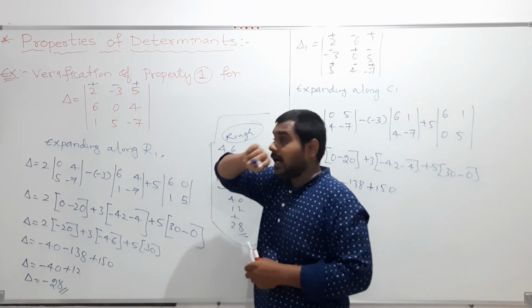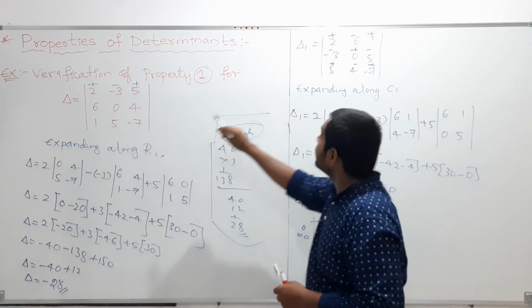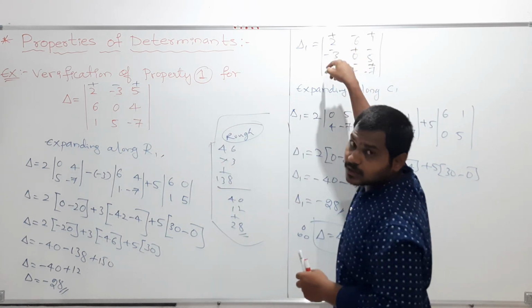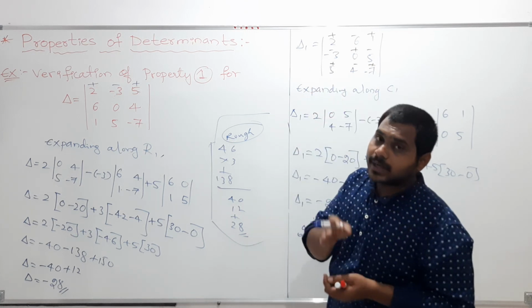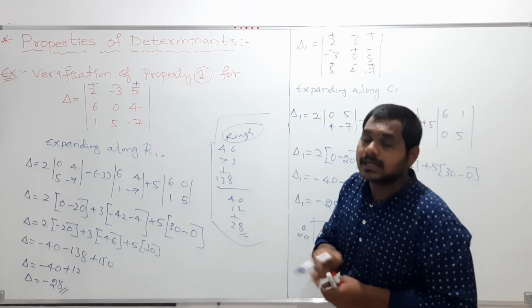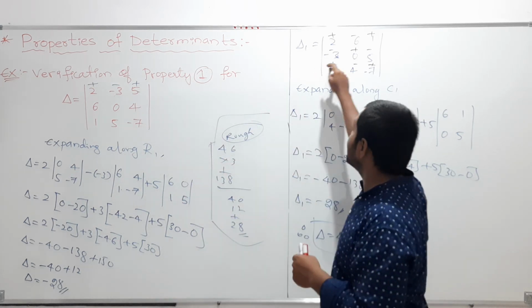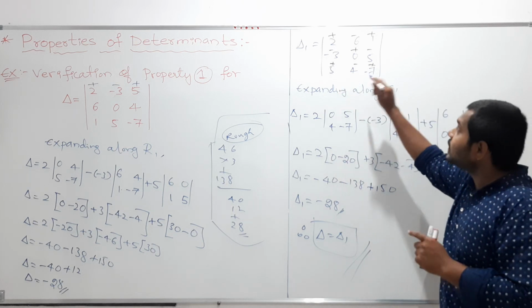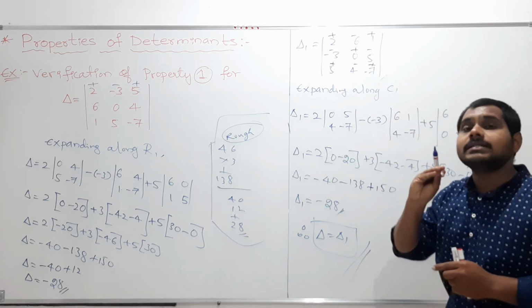You are interchanging entire rows into columns. So for any square matrix, if you take the transpose, whatever rows we have, I am converting them into columns. After converting, the determinant value remains as it is.